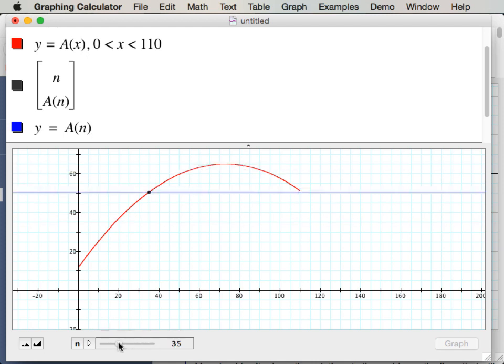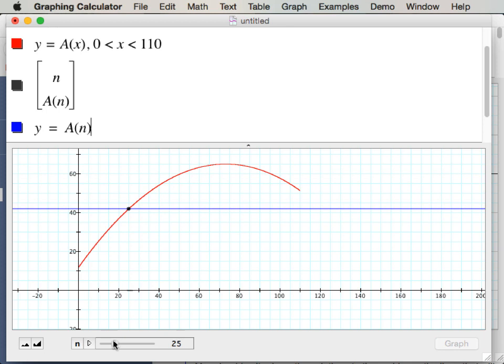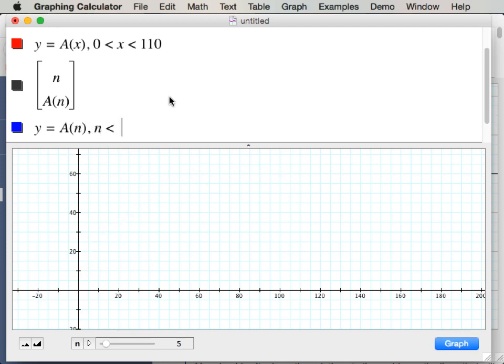Is a of n an x value or a y value? Yeah, it's a y value. So we want the lowest x value for that line segment. n, okay, until n plus 10. Okay, got it.